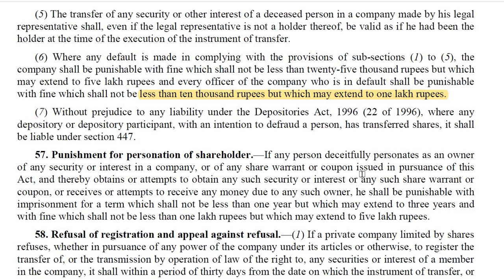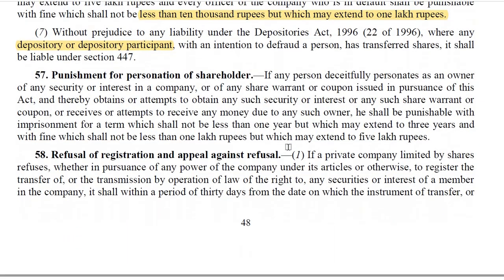Without prejudice to any liability under the Depositories Act 1996, where any depository participant with an intention to defraud a person has transferred shares, it shall be liable under section 447.